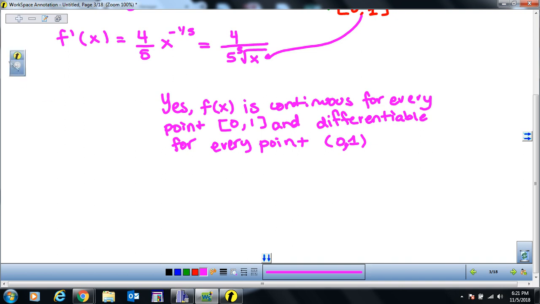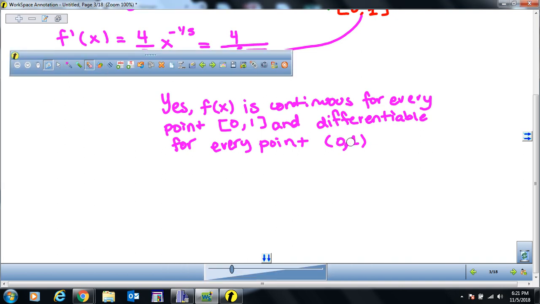It's not going to be differentiable at 0, but it doesn't affect the definition. So it does satisfy the definition.